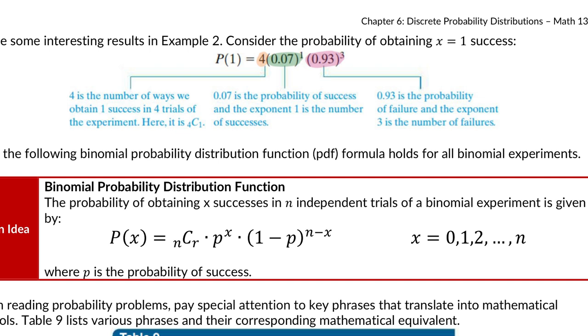That's a combination. So instead of having to write my sample space and count it, I can just do the combination of 4 choose 1, or 4 choose 2, or 4 choose 3, 4 choose 4. Then I can take that probability and raise it to a particular power I care about, and then the failure and raise it to whatever's left.